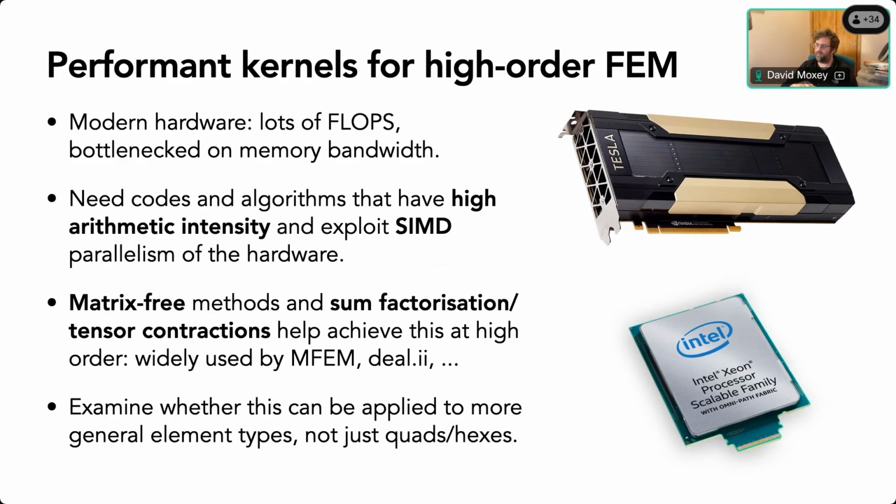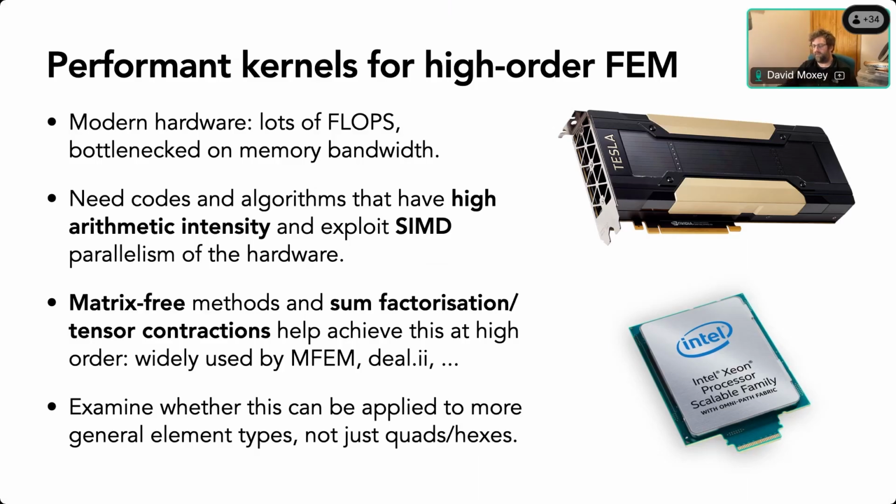There's a similar concept where we're explicitly using things like the AVX registers and thinking very carefully about how those are being utilized. Because if you're not making full use of AVX and FMA, you're leaving an awful lot of flops potentially on the table, that the CPUs really rely on to hit those peak flop figures that are published. And the way we do this is fairly well established by codes like MFEM, DL2, as well as ourselves and others.